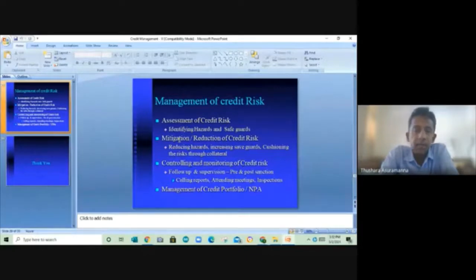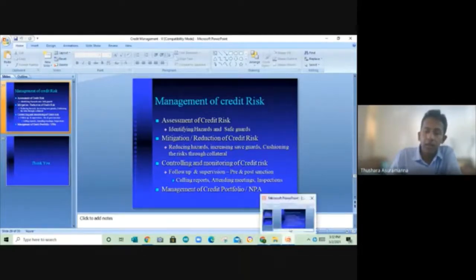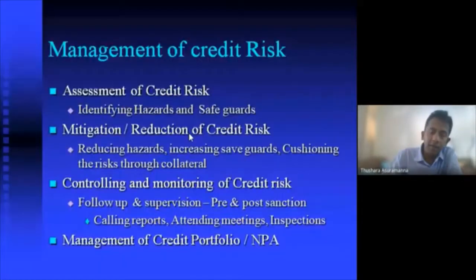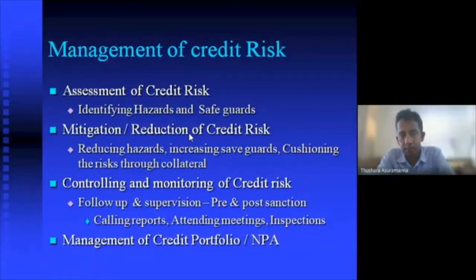What do you understand by this management of credit risk? Because we were talking about identifying, measuring, controlling, reviewing. No? So it is a very important part that I am going to discuss here. Management.